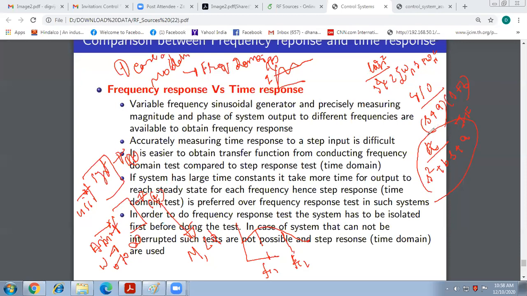So if I am able to establish pole positions, I can go back and get the corresponding factors that form the transfer function. So one most important thing in frequency domain analysis is the ease of modeling of the system. That comes to me as one of the highlights of frequency domain methods.